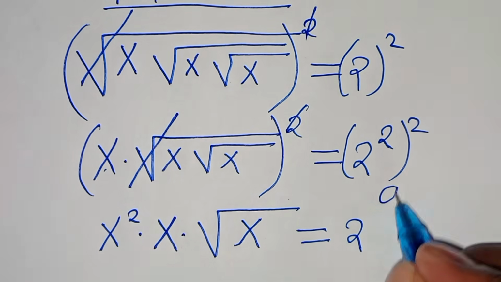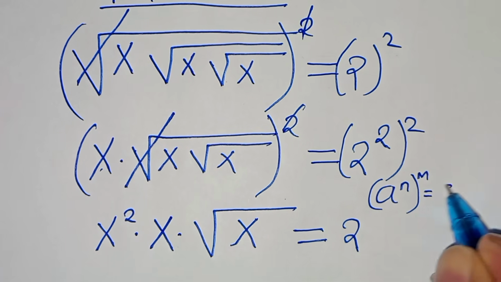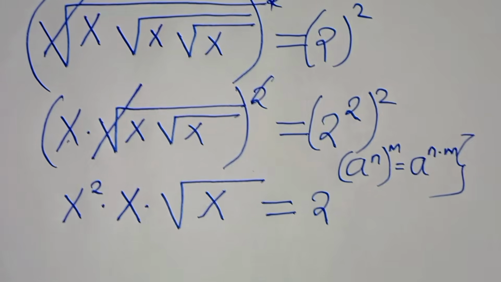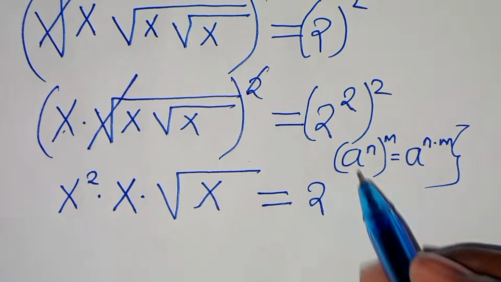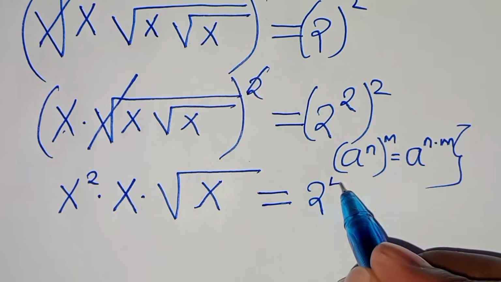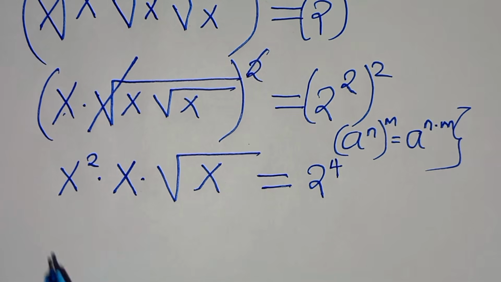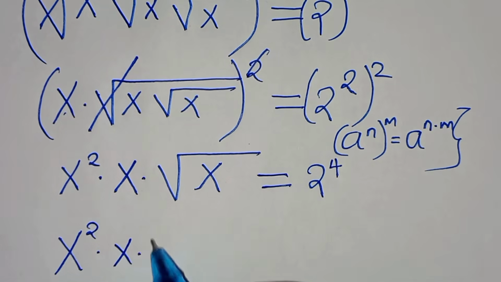This is in the form of a to the power of n raised to the power of m, which can be expressed as a to the power of n times m. Applying this exponent property, 2 times 2 is equal to 4, so it's 2 raised to the power of 4.